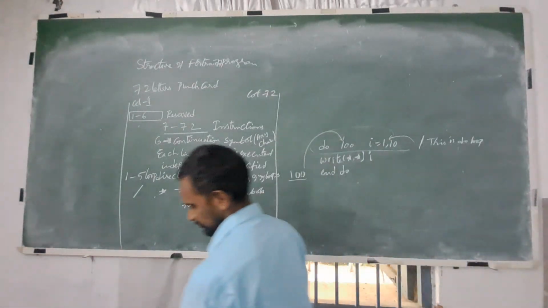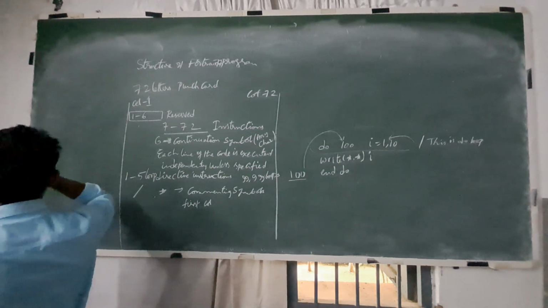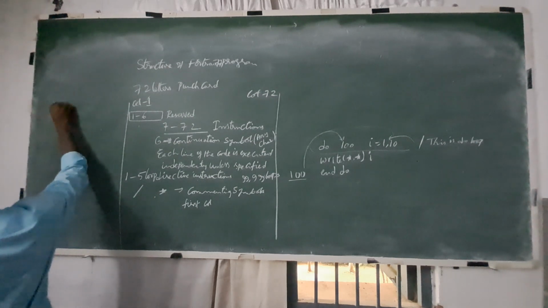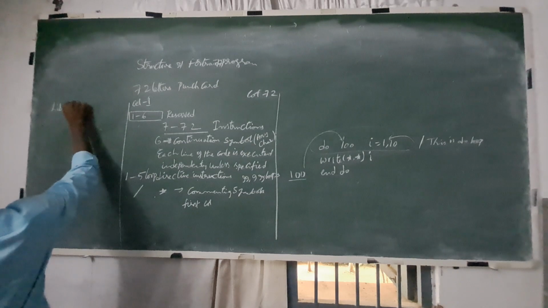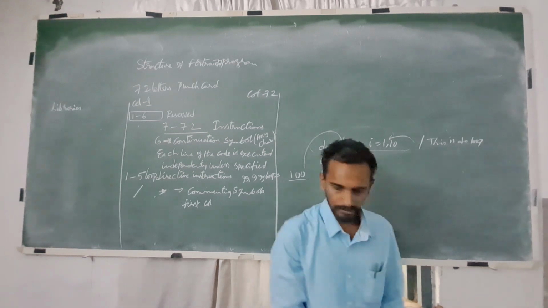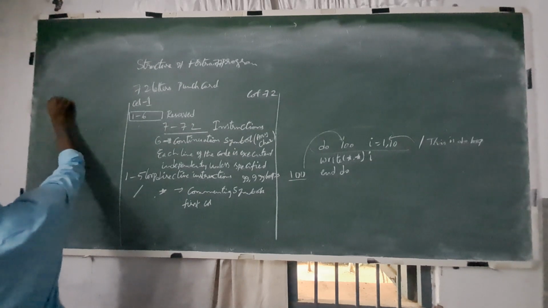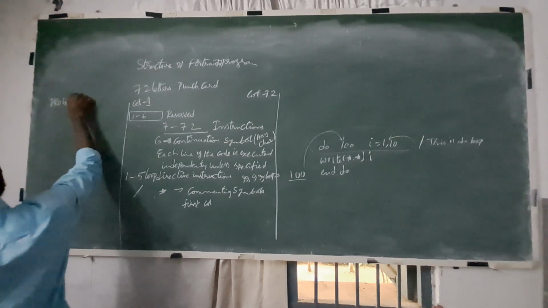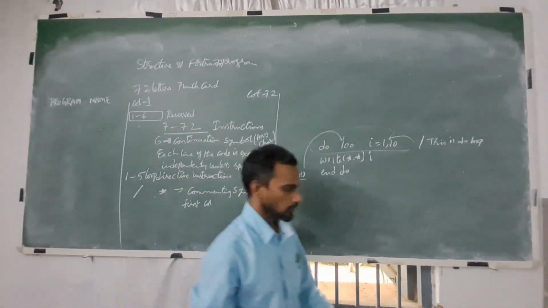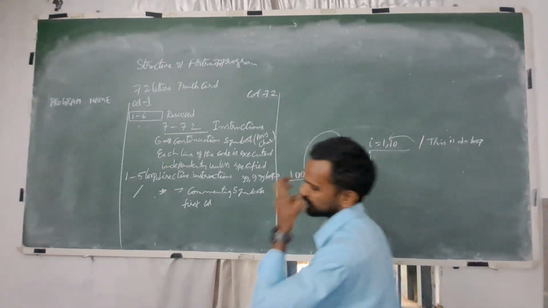So next we'll be going into the actual structure of the program. The program starts with the program name. The first line of the code should be the name of the program. It starts with program and whatever name you give.